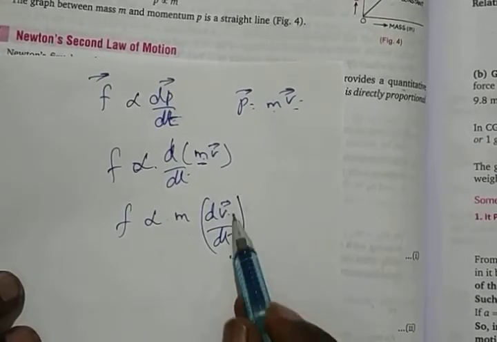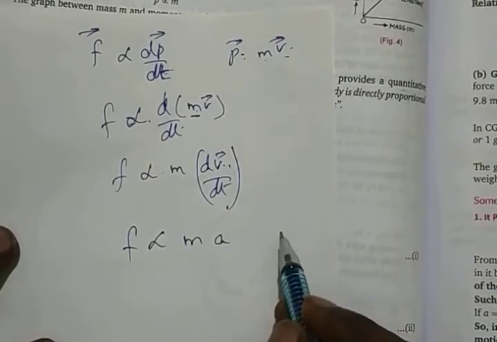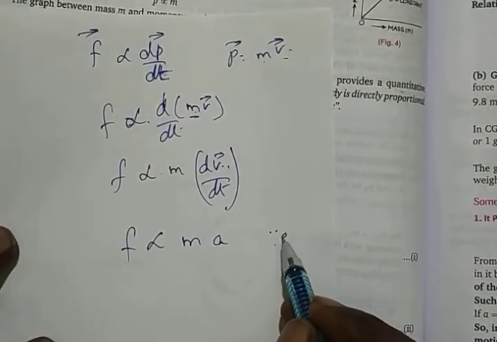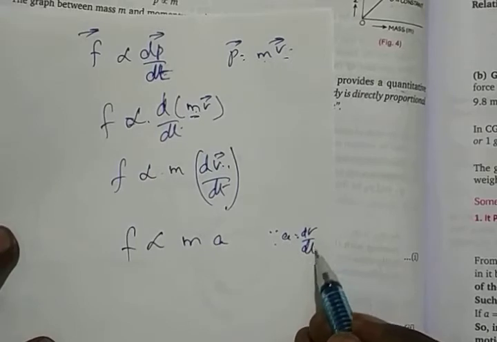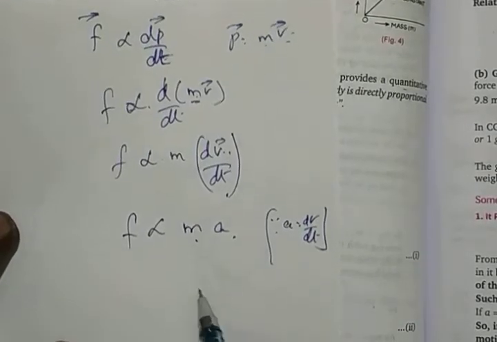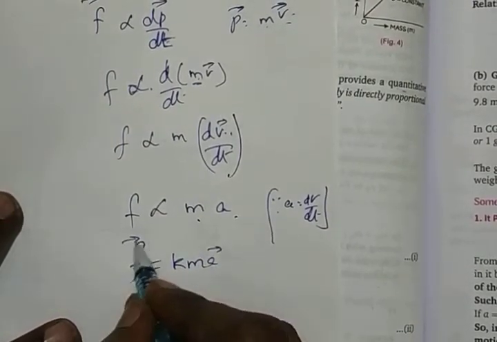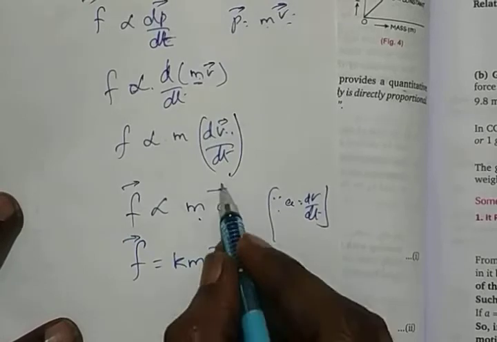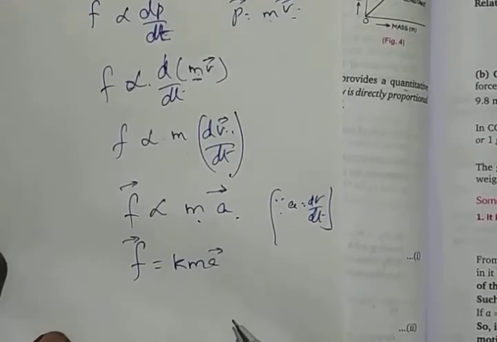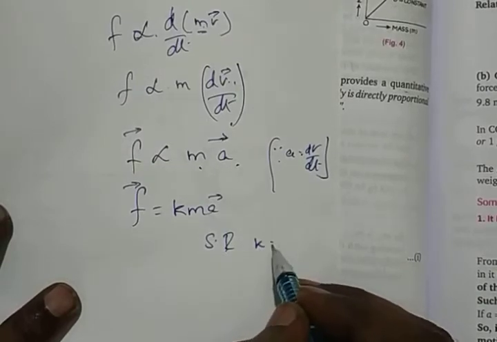So what is the rate of change of velocity? M into acceleration, because we know acceleration is equal to dv by dt. So you get here m into a. So F is equal to k times m into a, you can say. These are all vector quantities. K times m into a. Always in SI units, k is going to be equal to 1.